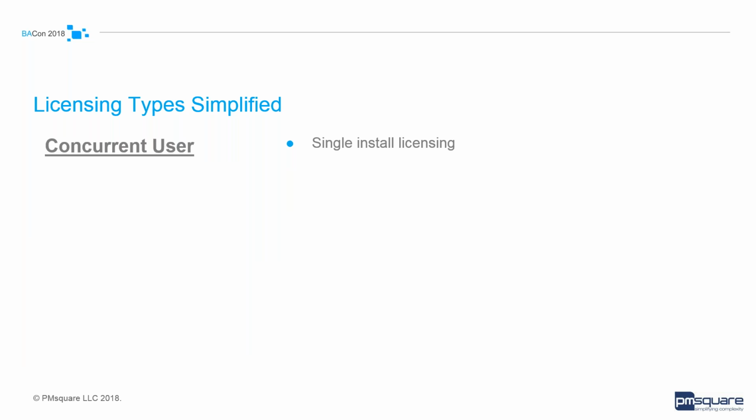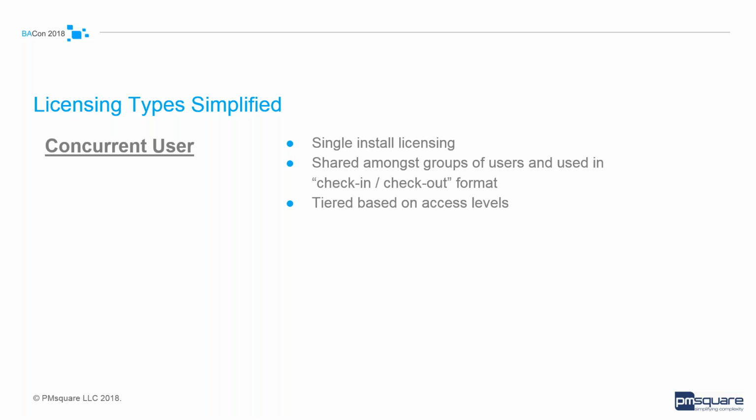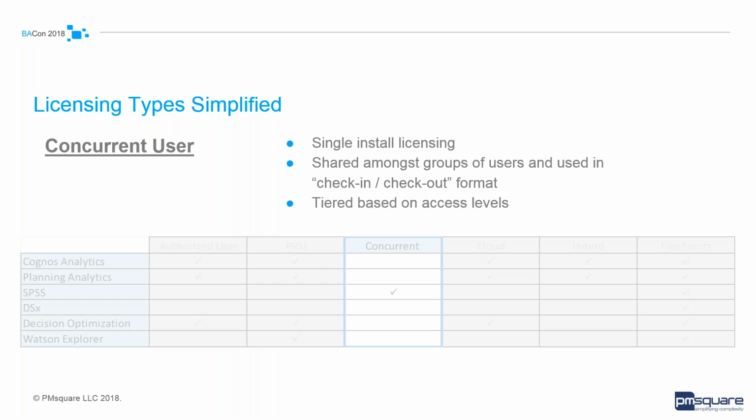The next model we have is concurrent users. Concurrent users is essentially, as the name suggests, a single install licensing that can be used by multiple people. So you install the product on a server somewhere, and everyone can use the software in a check-in, check-out format from different locations. And it is also a tier-based license model, similar to what we had with authorized users.